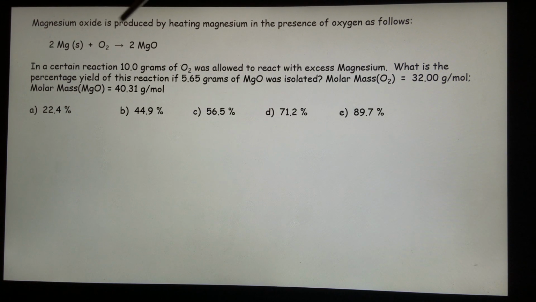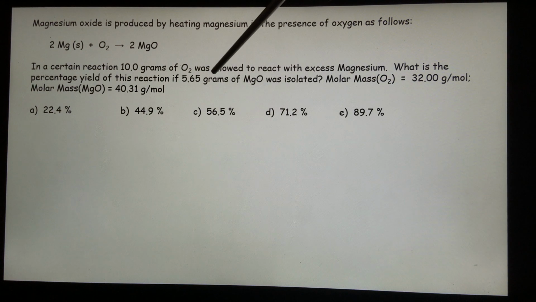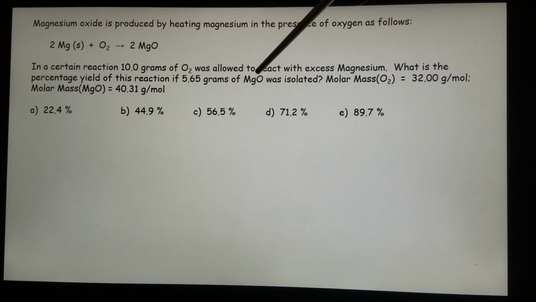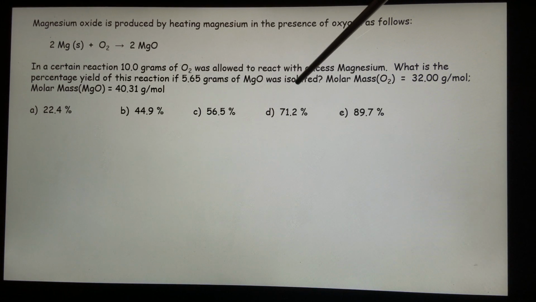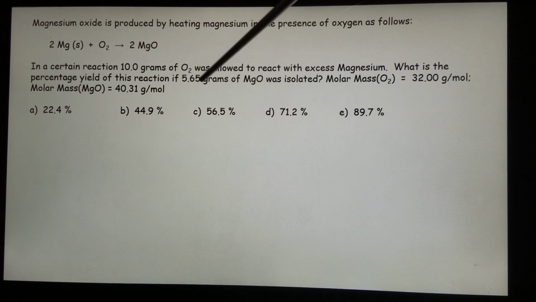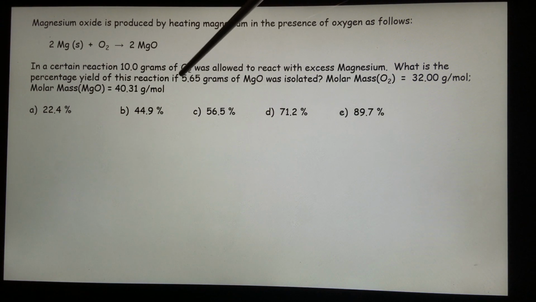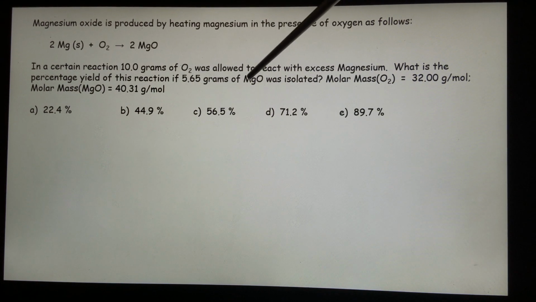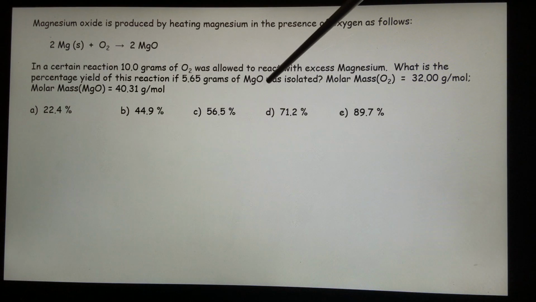What is the percent yield of this reaction if 5.65 grams of magnesium oxide was isolated? Isolated in this case means, after the reaction, they collected this many and purified it, separated. So they got exactly 5.65 grams of magnesium oxide.